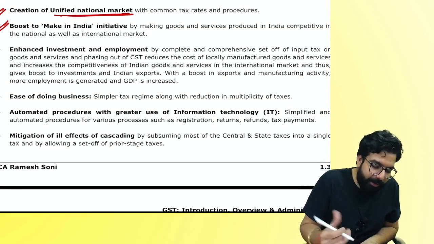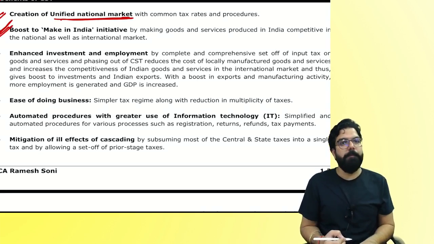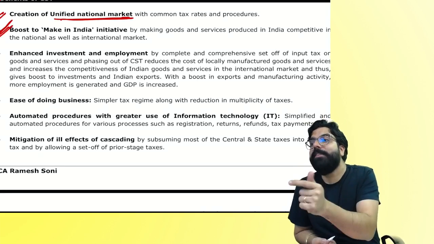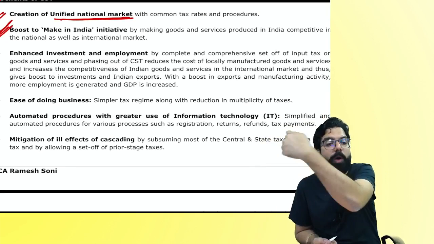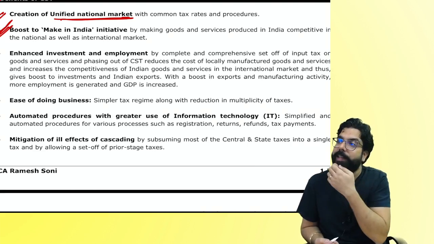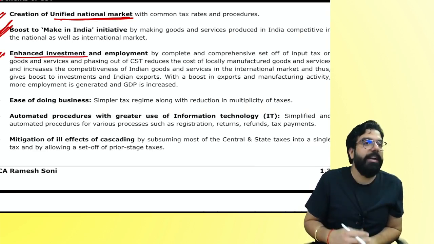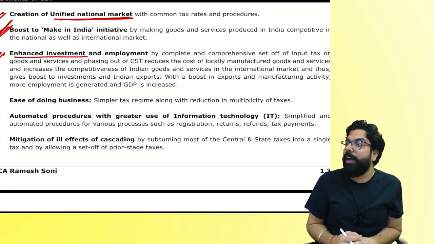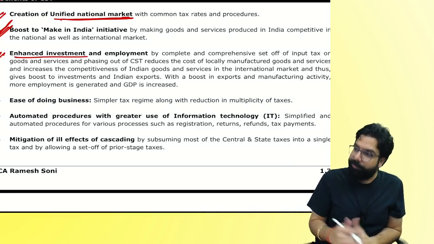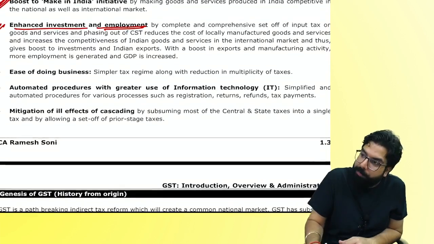Cheaper, and hence Make in India initiative will be boosted. Now, when making in India is cheaper, will people from outside India want to make in India or not? They will want to make in India. That is why they will invest in India. When investment will come in India, will employment go up or come down? And employment will also go up.